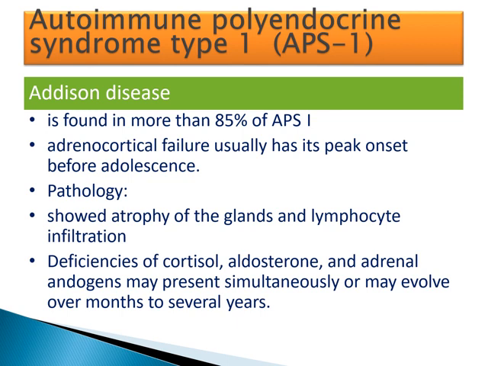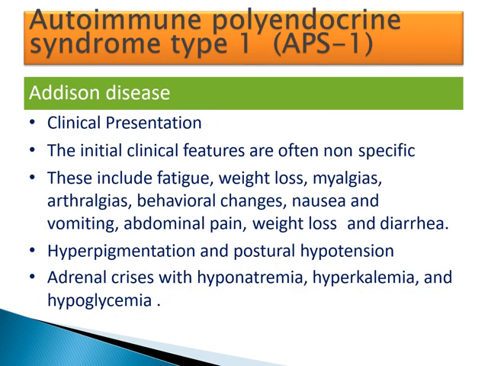The initial clinical presentation is often non-specific, including fatigue, weight loss, myalgias, arthralgias, behavioral changes, nausea, vomiting, abdominal pain, and diarrhea. Hyperpigmentation and postural hypotension may occur. Then adrenal crisis with hyponatremia, hyperkalemia, and hypoglycemia may be there.